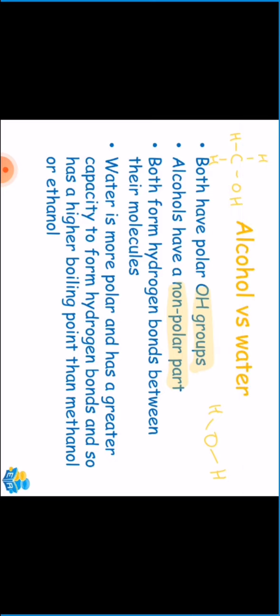Both alcohol and water can form hydrogen bonds between their molecules, and the hydrogen bonds will be formed at this point here in the alcohol that I've just starred, and it could be formed on either end of the waters that I've starred. Water is more polar and has a greater capacity to form hydrogen bonding, and as a result it has a higher boiling point than methanol or ethanol, and that again is due to its ability to undergo hydrogen bonding because it is more polar.